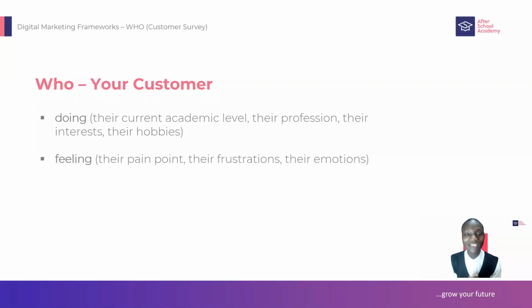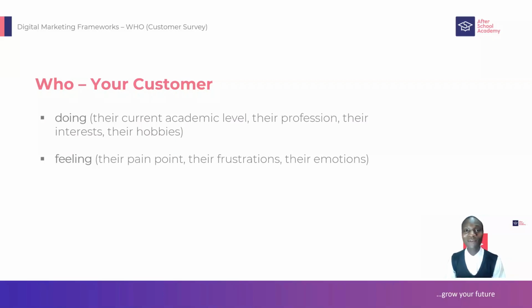So how do you extract this information? You extract it through your survey by ensuring that your survey reveals the emotions of your customer, their frustrations, their pain points. Okay, so let's say for instance I'm trying to sell this digital marketing course, and in my research one of the things I have to find out is what is the pain point of my prospective customers, and how do I bring a solution to them?